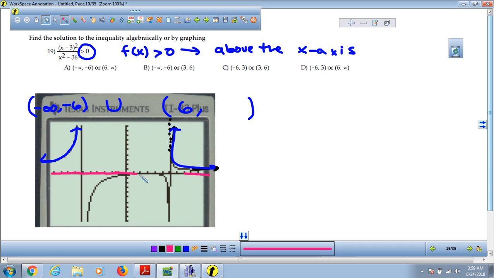Okay, so from 6 to positive infinity. So that's what the solution would be. Those are the two pieces above, so negative infinity to negative 6, 6 to positive infinity, so this one right here. The other ones are different.